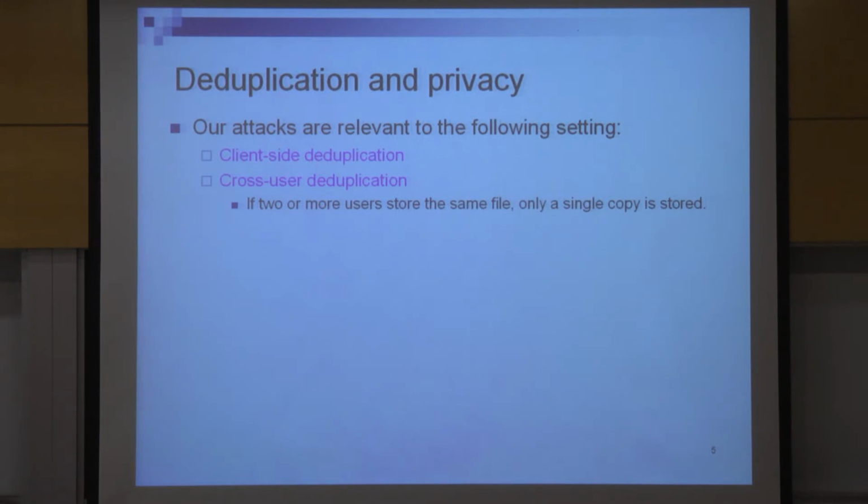It's a setting that has client-side deduplication that I just defined a second ago. And you also have cross-user deduplication, meaning if two or more users store the same file, it's going to be deduplicated. So we are trying to save globally. It's not just a per-user thing. And so this is the setting of interest to us.